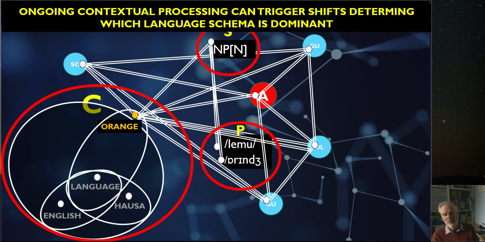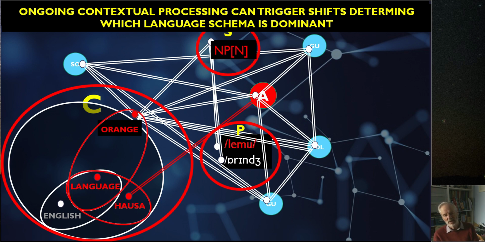Well, the most obvious reason is that at the particular moment we're talking about, the Hausa schema is the valued system, and that is represented by a value between Hausa, and you could also say language, but Hausa specifically, and the affective system, and of course, as you know, it will spread to all the others.